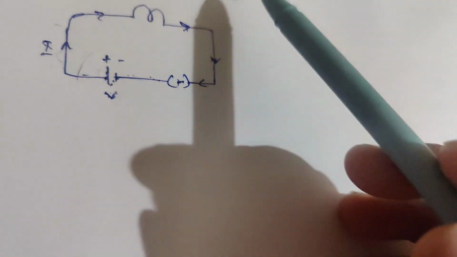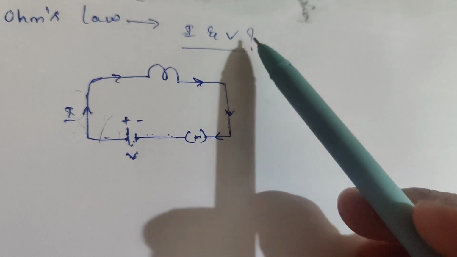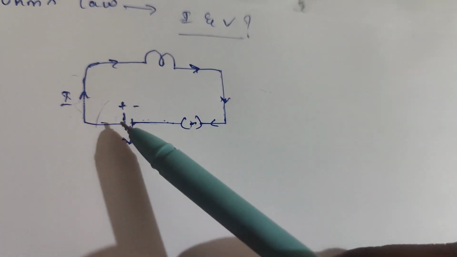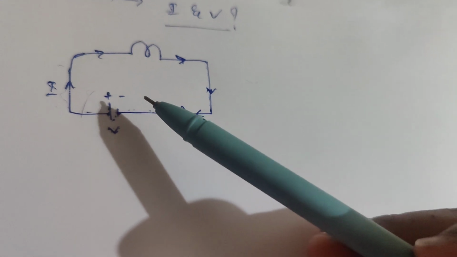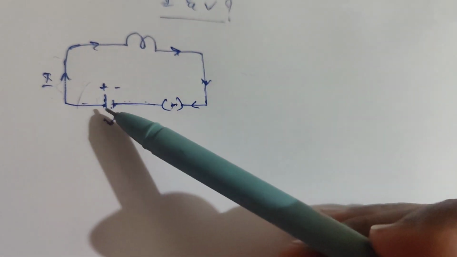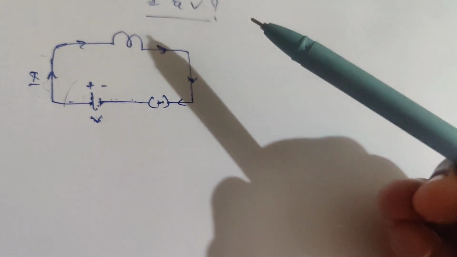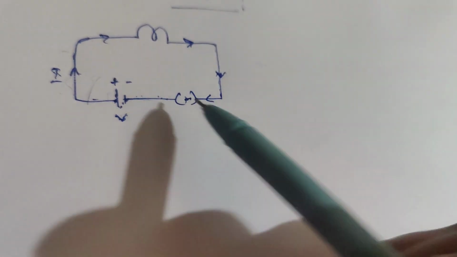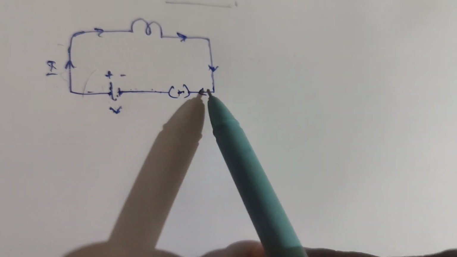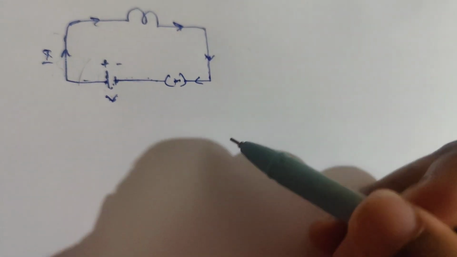Then what is the relationship between I and V? The more the voltage, the more the push, which means electrons flow more easily in the circuit. More voltage, more electrons move faster, which means more current. More electrons will pass, and so the current flow will be more.